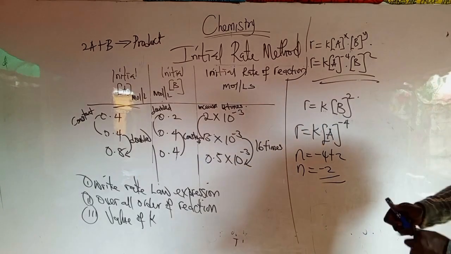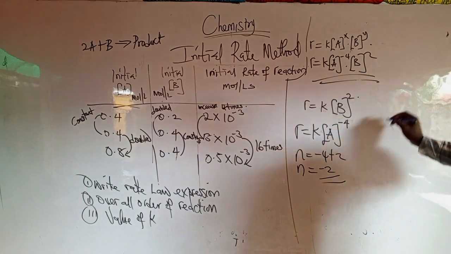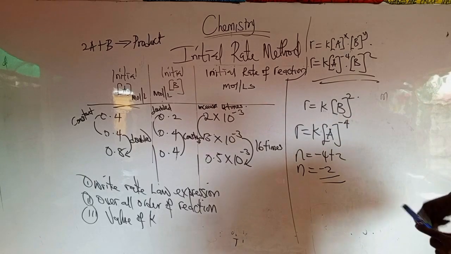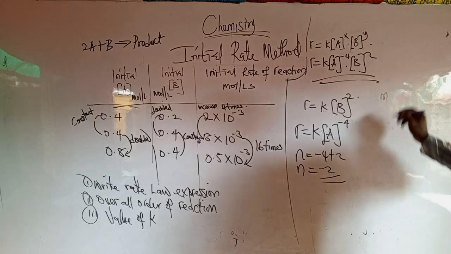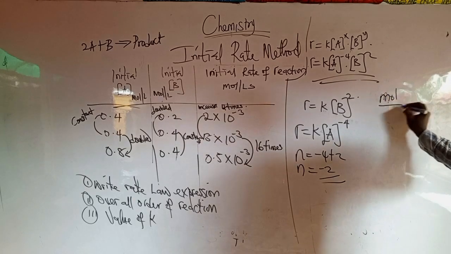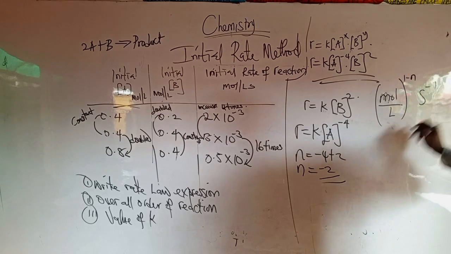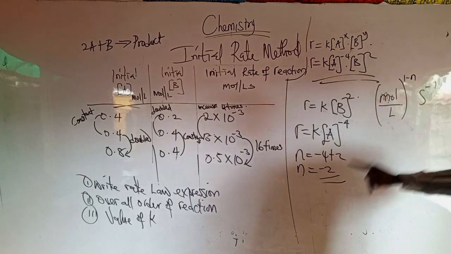Then if they ask you to calculate the unit of K, you know the formula for the unit of K: (mole per liter) raised to power 1 minus n, then per second. Here n is minus 2.